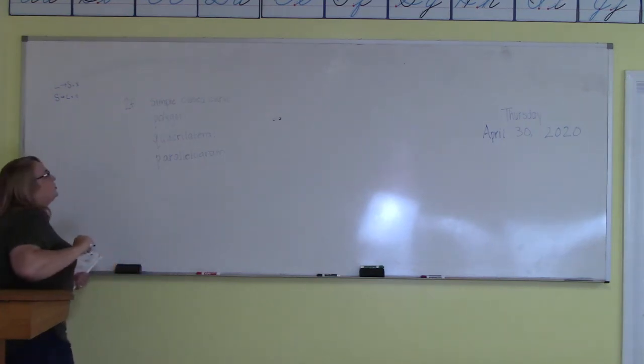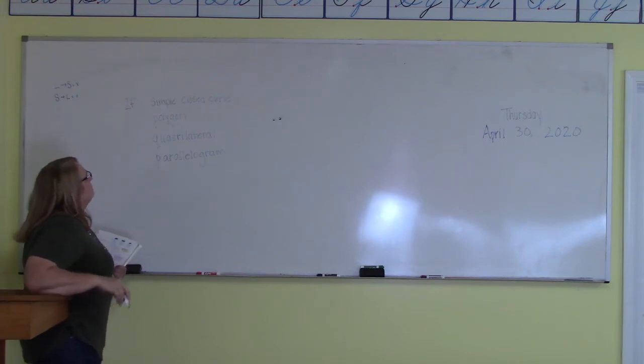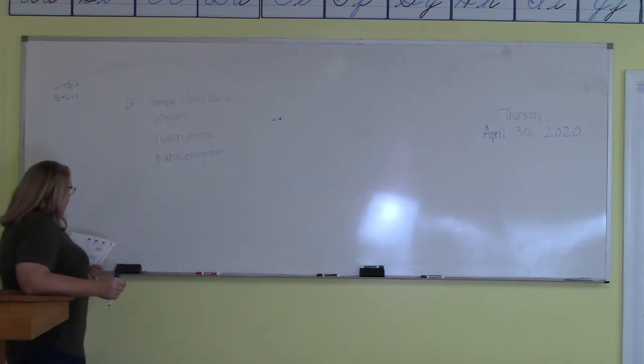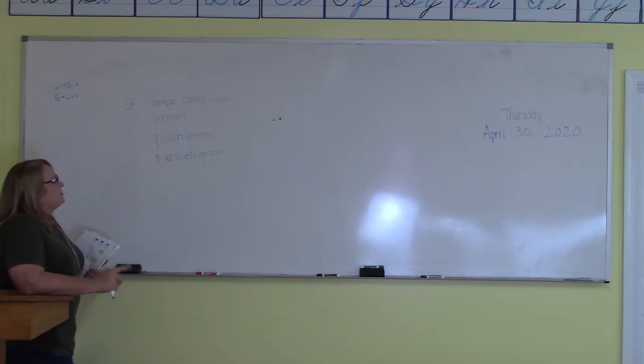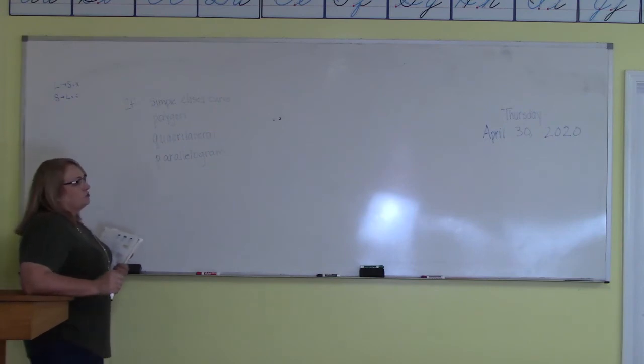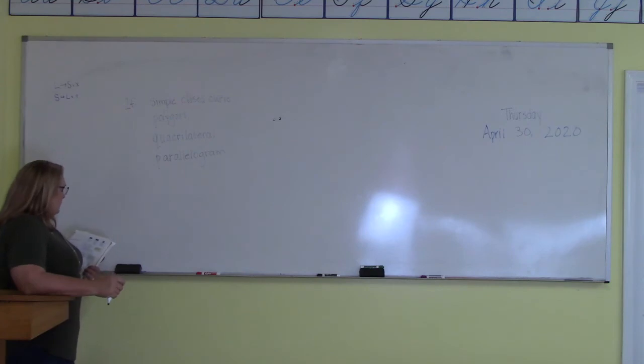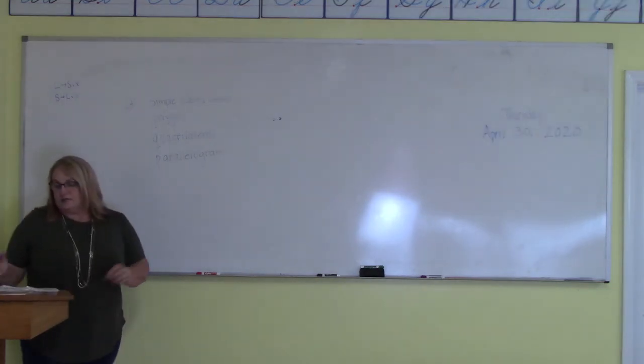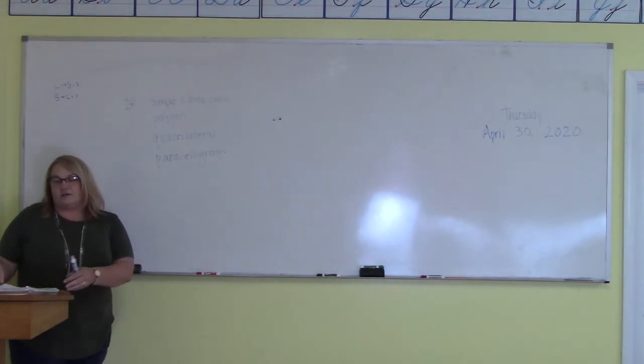It is a simple closed curve. It's a polygon because it uses line segments to create the shape. It has 4 sides, so that's a quadrilateral. It's parallel on opposite sides, so it is a parallelogram.